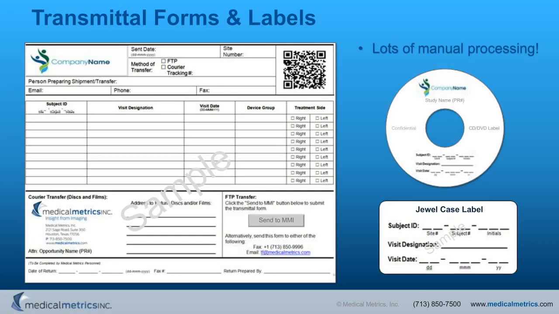The data on the form includes information about the site, the date of shipment, the site number, the name and contact information for the person sending the shipment, the subject ID, the visit designation, the visit date, the treatment group, the treatment location, and other information.